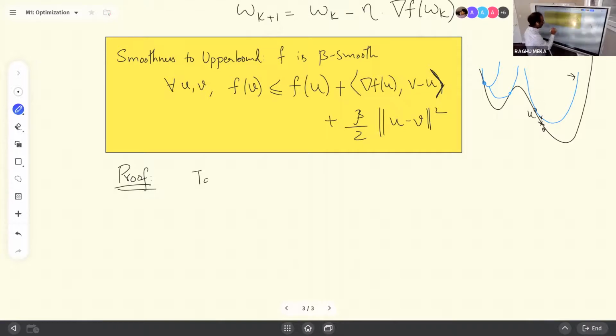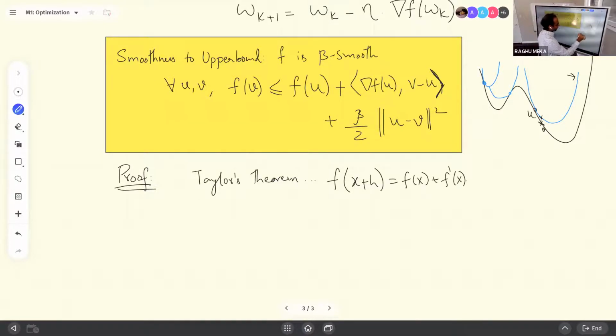So if you know calculus, in the one-dimensional case, it was something like this, so you'd have seen some expression like this, right? But there's actually a more refined form of this theorem.